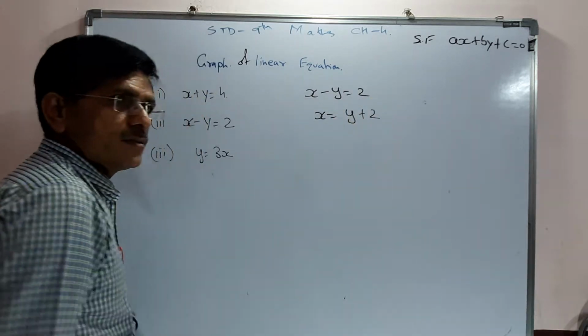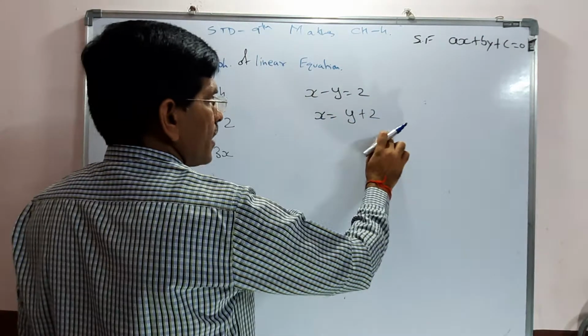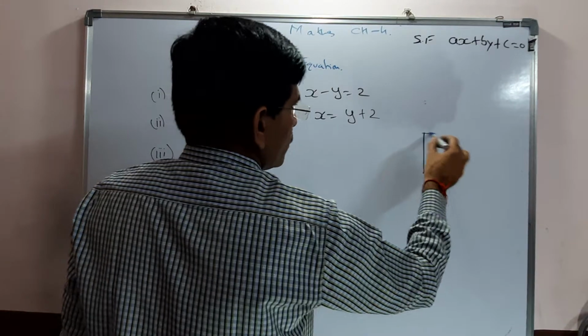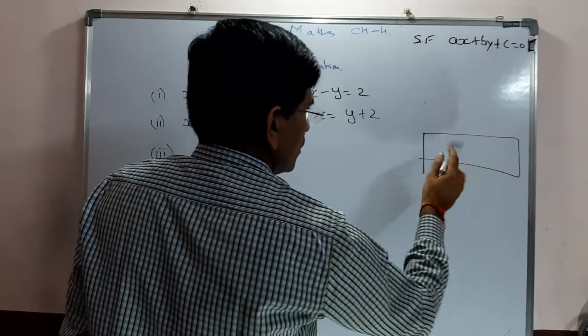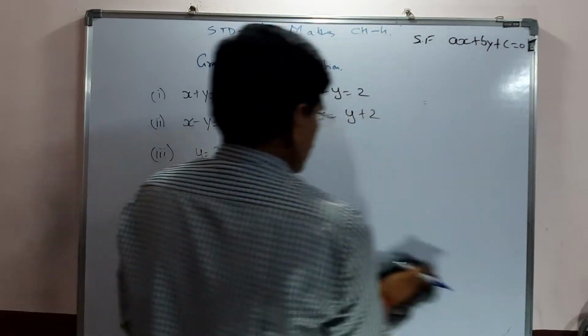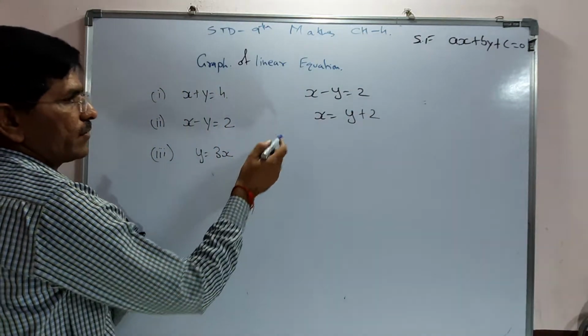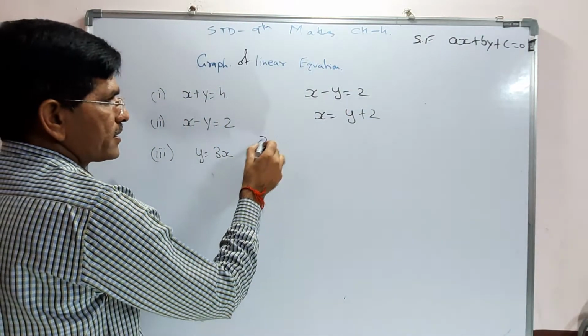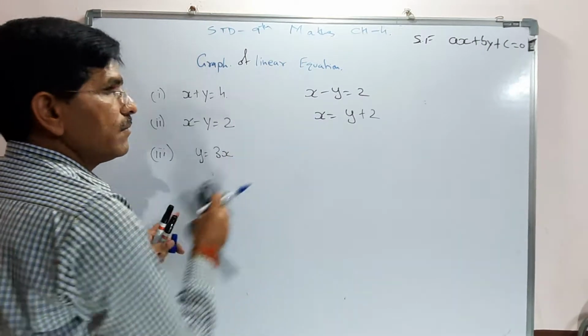Here we have to assume a value, put the values in this type of equation, and then draw the graph. Here we take x, and we have to assume y.